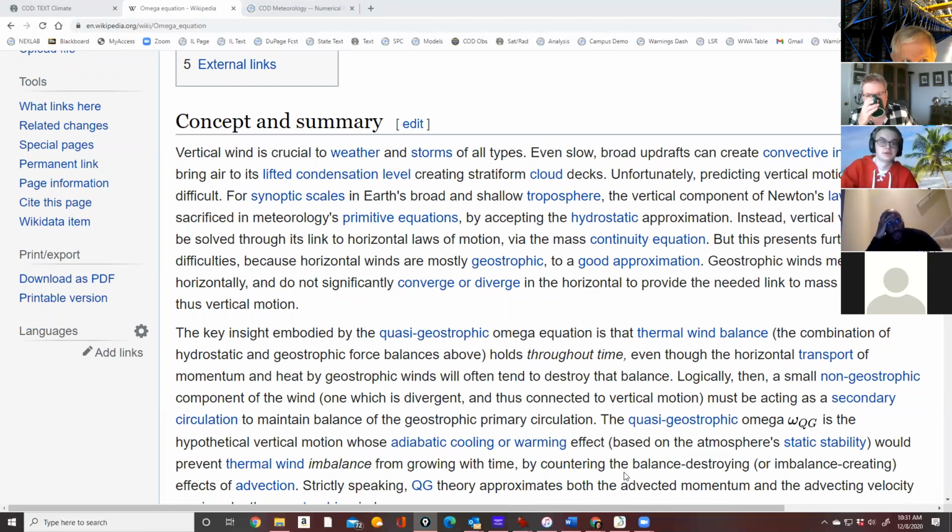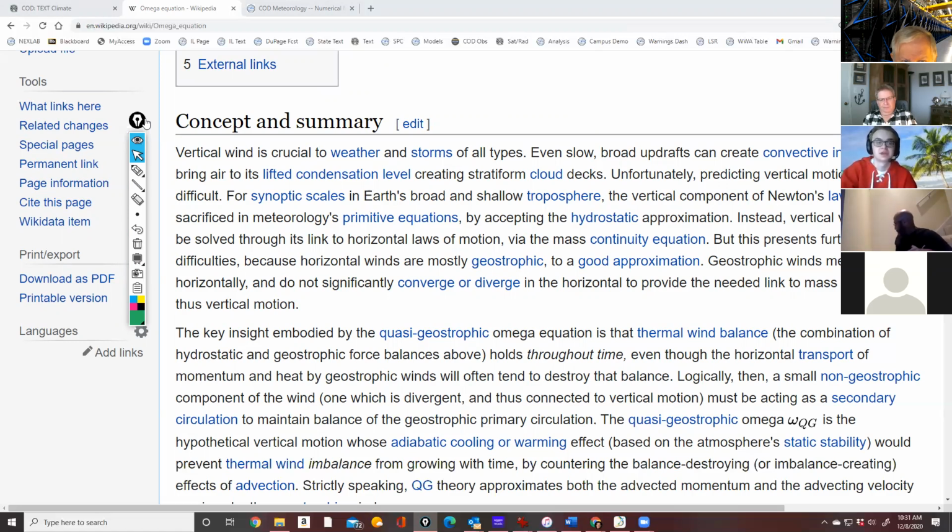Vertical wind is crucial to weather and storms of all types. Even slow, broad updrafts can create convective instability or bring air to its lifted condensation level, creating stratiform cloud decks. Unfortunately, predicting vertical motion directly is difficult.